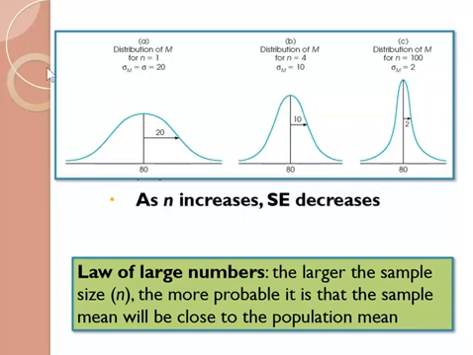So for example, if n equals 1, like we see over here, maybe I'm lucky and I pulled a score that's actually the population mean. But likely, if I did this one at a time, sampling 30 times from a sample size of 1, I might have a standard error of the mean that's fairly high, say 20.